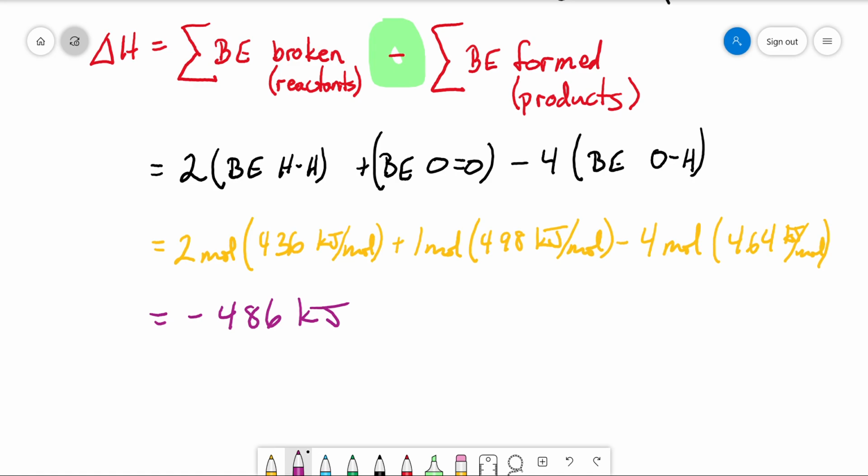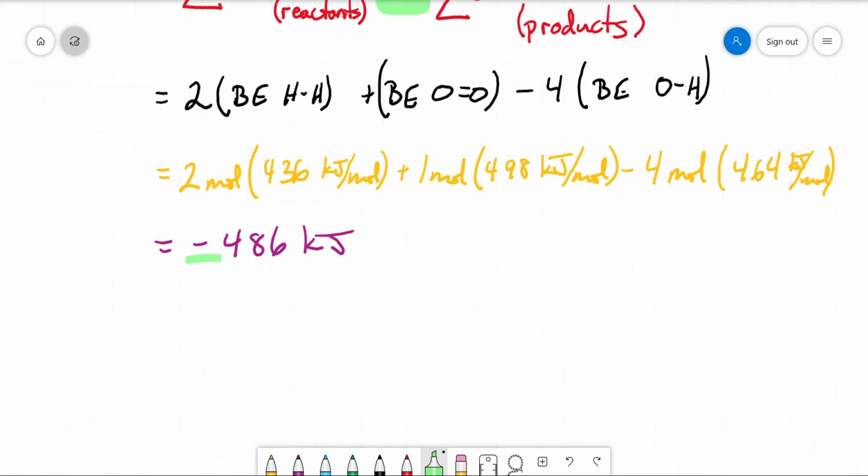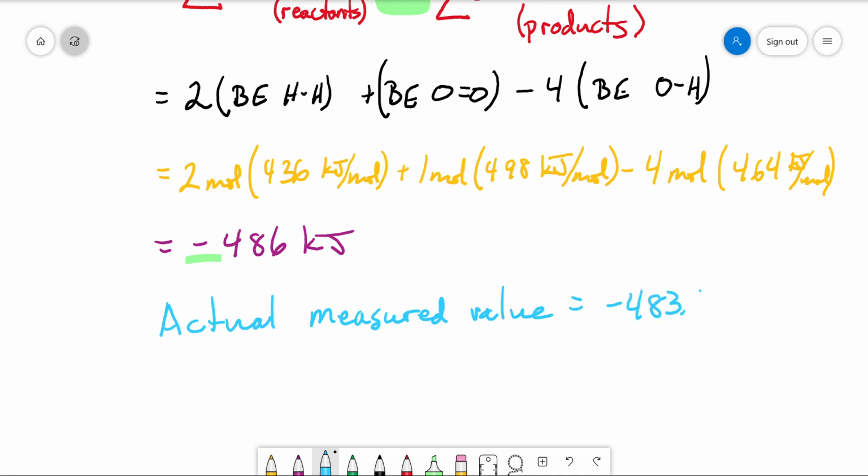So if we stop and think about that, we got a negative sign. That means it's an exothermic process. If you've ever seen hydrogen and oxygen react together, it is definitely an exothermic reaction. It's a big fireball. You can just Google a video of it. So that makes sense that we're getting energy back out. And then I went ahead and looked up the actual measured value, and it is negative 483.6 kilojoules.